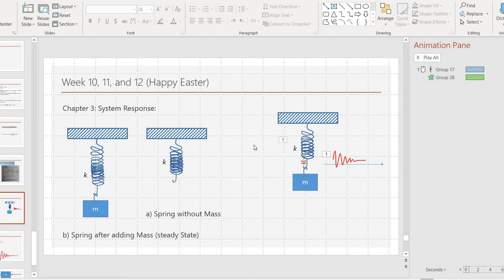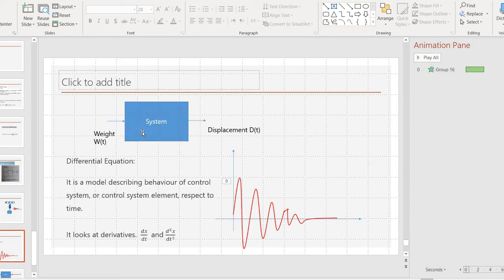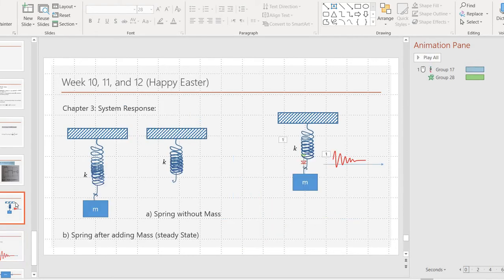Now, if you want to put that imaginary black box around this system, we are going to look at a system like this. What is the input of this system? The input is the weight, right?